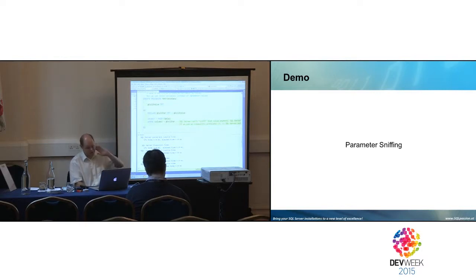Means during query optimization, the query optimizer has no idea which value you are providing in that local variable during runtime. Means in that case, the query optimizer can't really produce you a very good execution plan, because during compile time we have no idea which value we are providing here during runtime.